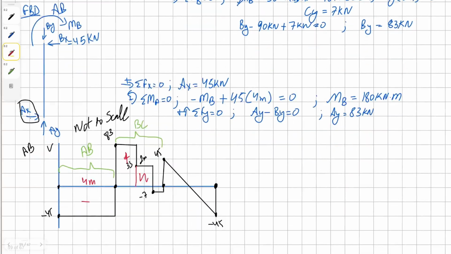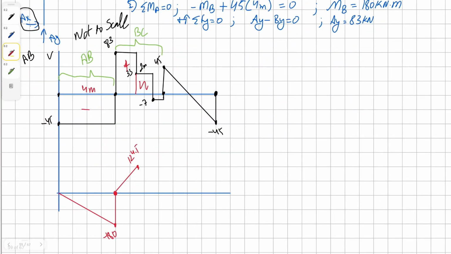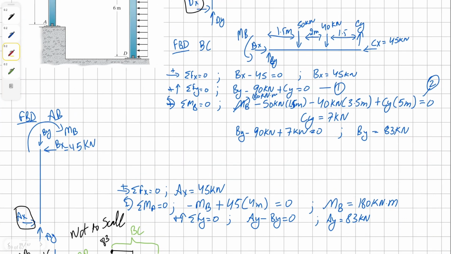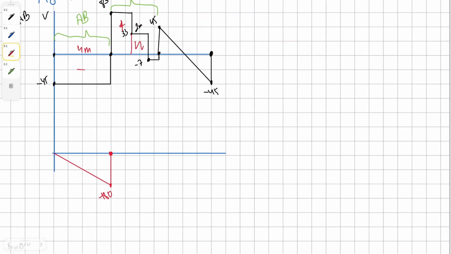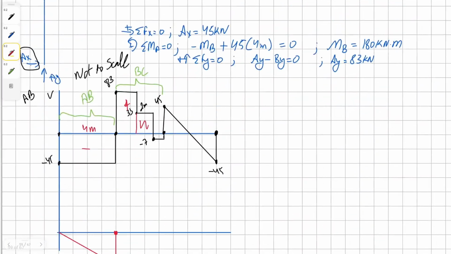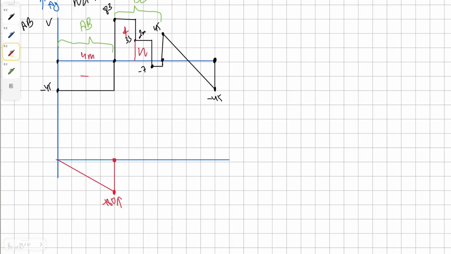Oh, and one thing we missed, but we have to redo this part a little bit. We forgot about the initial moment, which will bring us back to 180. So we are here right now, and then we have 124.5. So 180 plus 124.5 will take us to negative 55.5, first order curve.